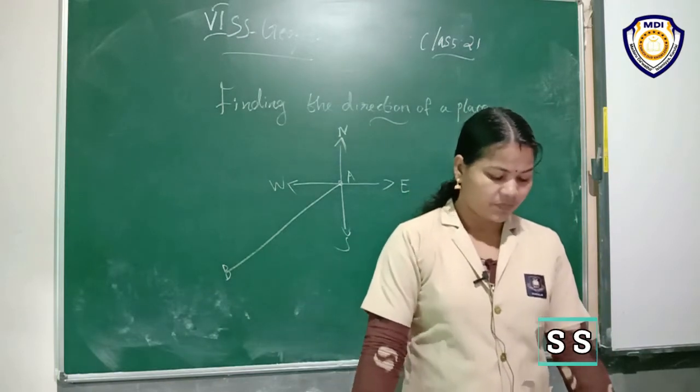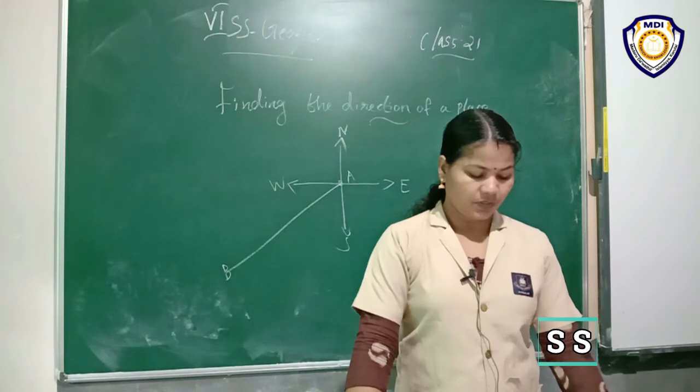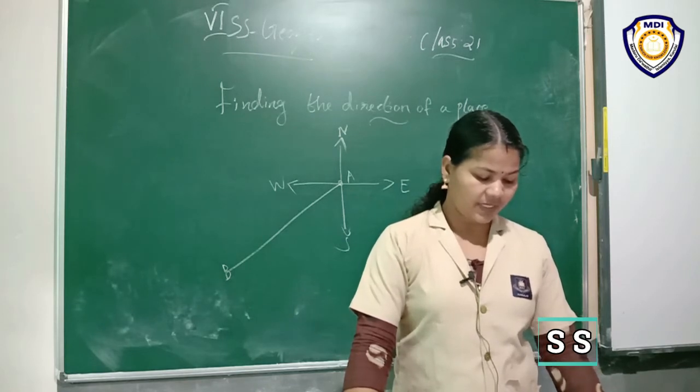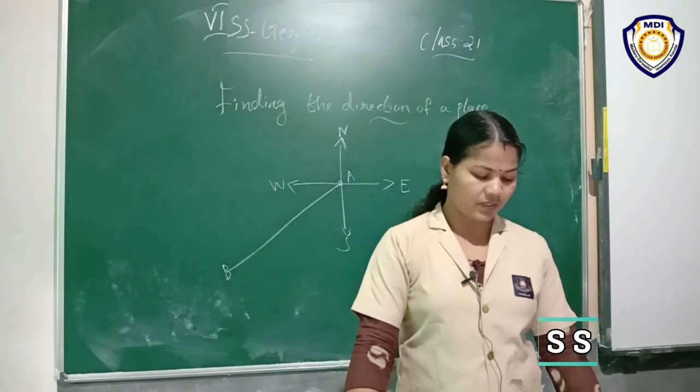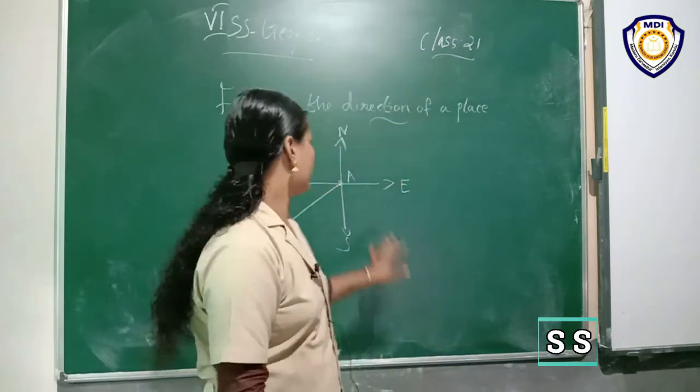You have to find the direction of B with respect to A. Draw a vertical and horizontal line intersecting at point A. Indicate the direction as shown in the figure. Join A and B by a straight line. Now it is easy to see that B is to the southwest of A.